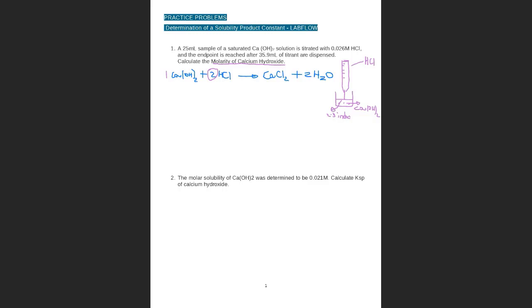I will tell you the question again. The question is, at the end point, if in this beaker I have 1 mole of calcium hydroxide, how many moles of hydrochloric acid do I need to add in order to reach the end point?